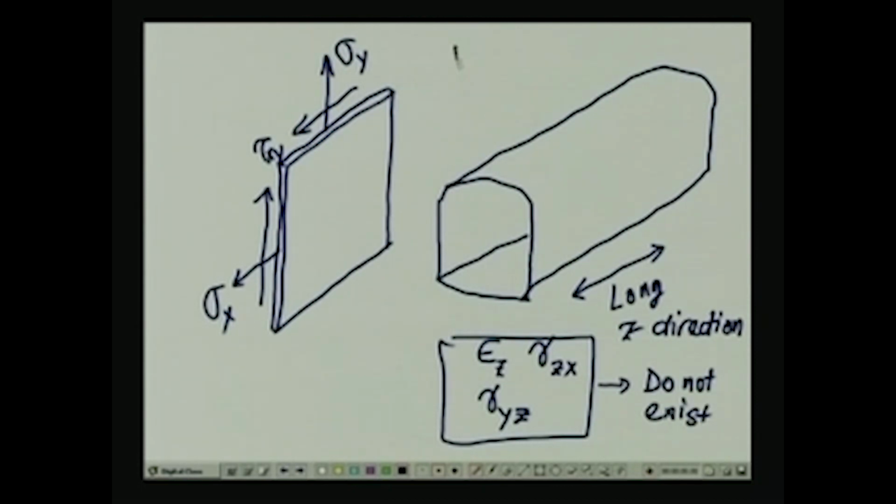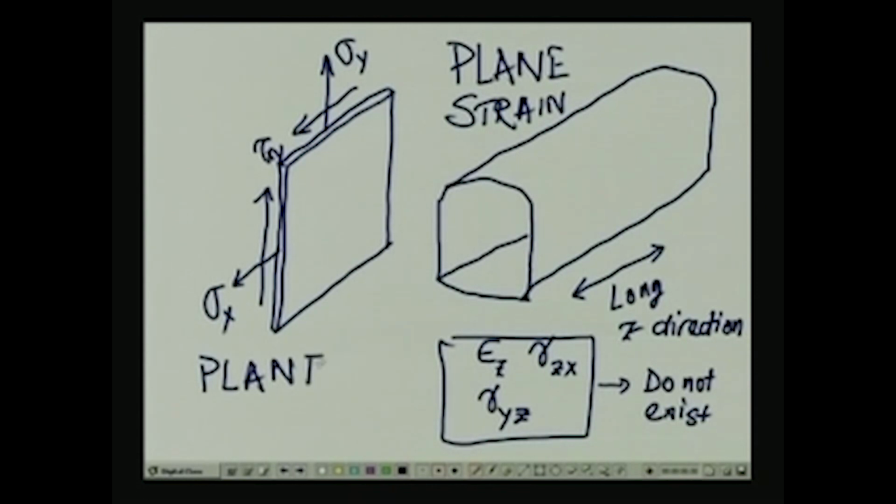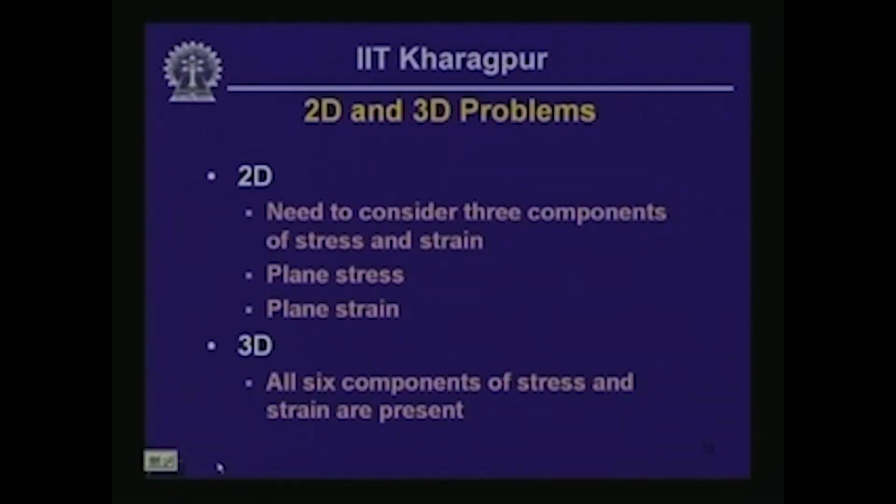So, this class of problem is called plane strain problem, and this class of problem is called plane stress problem. Okay. And you could have a general 3-dimensional problem as well, where you need to consider all the 6 components of stress and strain.